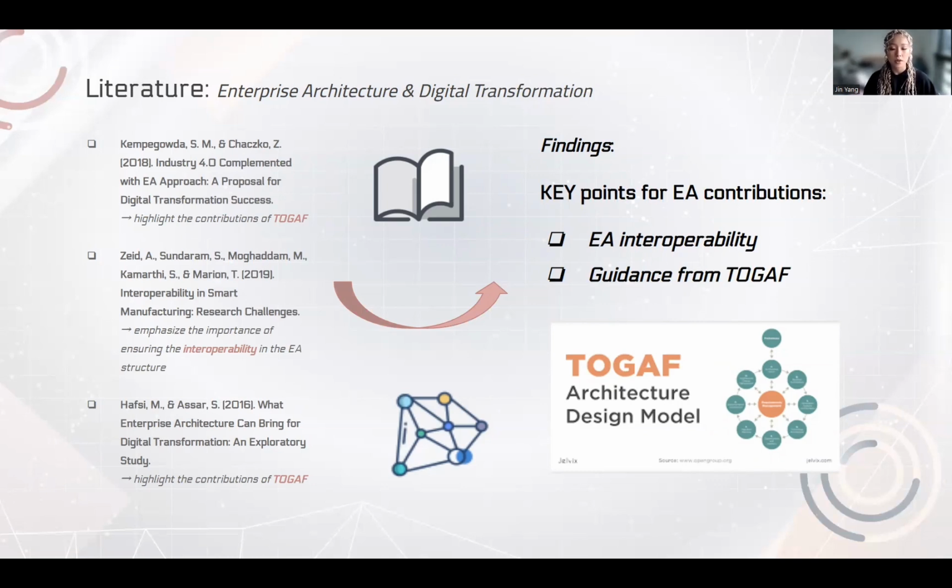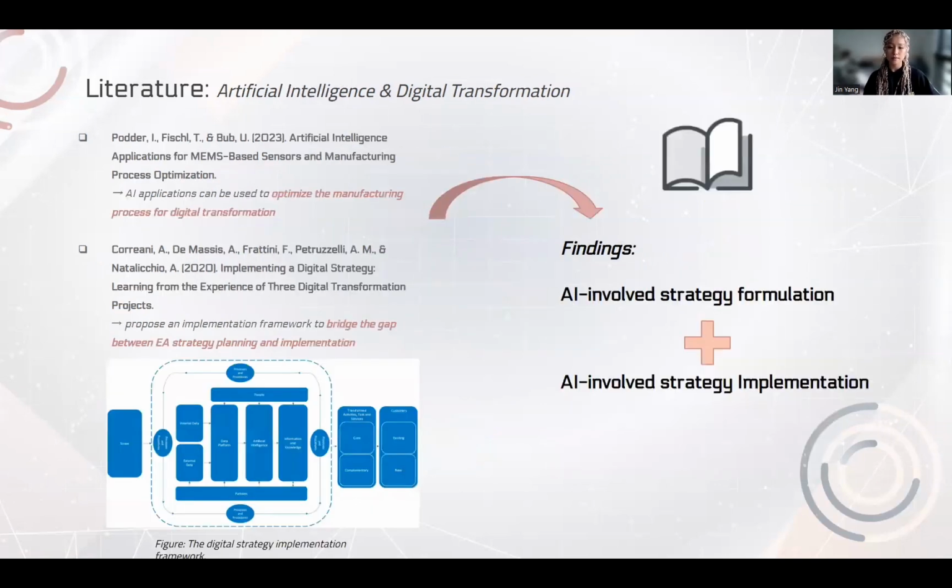The rest of the papers all highlight the contribution of TOGAF to offer proven frameworks and methodology for enterprises. In terms of the effective implementation of AI strategy for digitalization, the paper suggests that AI applications can be used to optimize the manufacturing process.